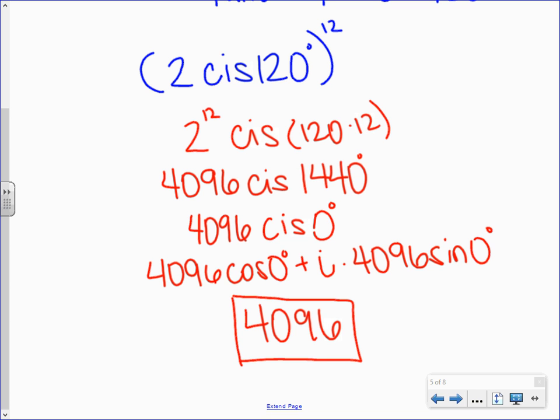Because when you take that number to the 12th power, you get 4,096. Well, the sine of 0 is 0. So when we take 0 times 4,096, it goes to 0, so then we don't have to write the i. Okay, isn't that crazy? So we can take a complex number to a power, and then get it over.